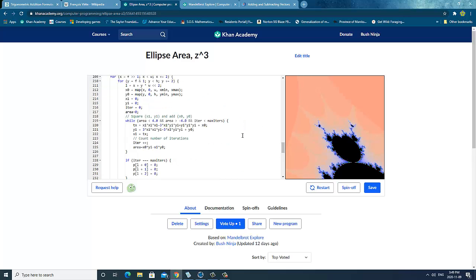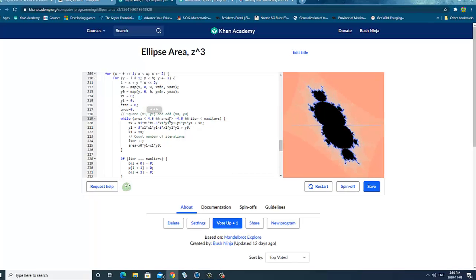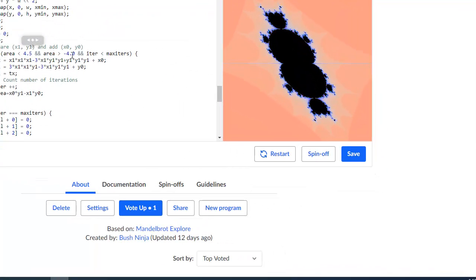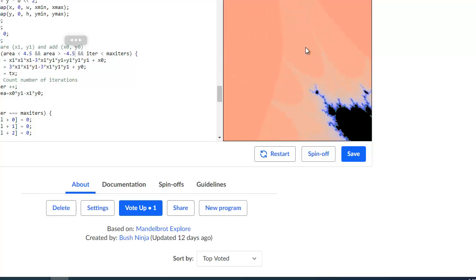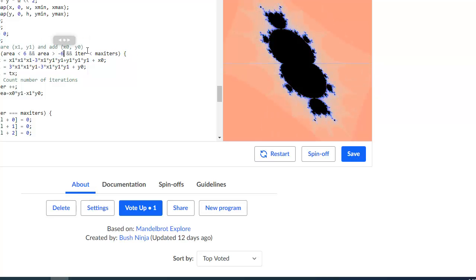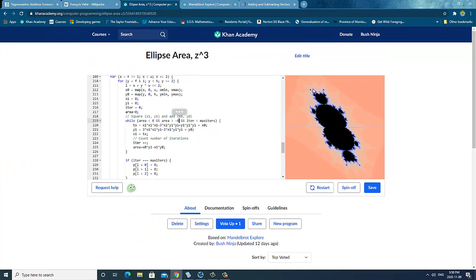So we got, maybe we need to increase our area a bit. That looks a little bit better. 6. No.